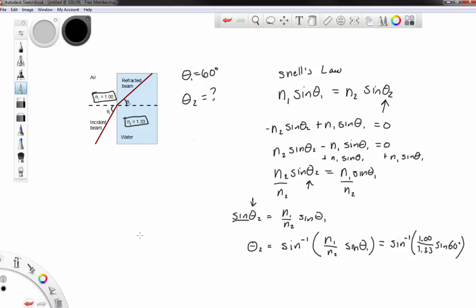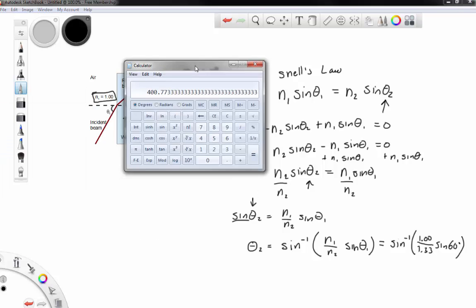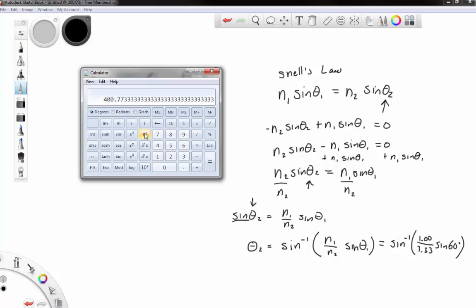So let's put that into our calculator and see what we get. The order of operations that we need to use is that we should basically multiply this by the sine of this, divide by this, and then after doing all that, take the inverse sine. There's an inverse button. You click inverse and then you click sine on my calculator.